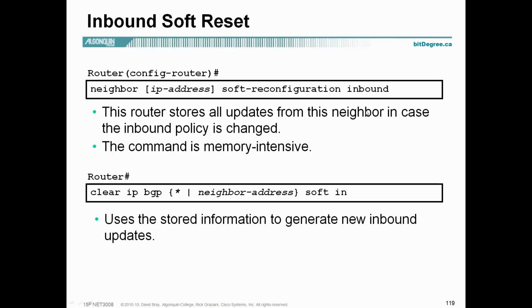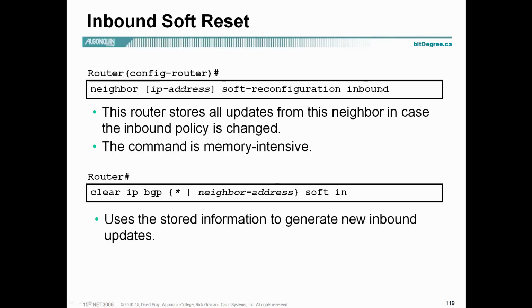If you do this and then later use the clear ip bgp soft in against this neighbor, then this will use the stored information from memory to regenerate your updates filtered properly with your inbound rules, your policies.